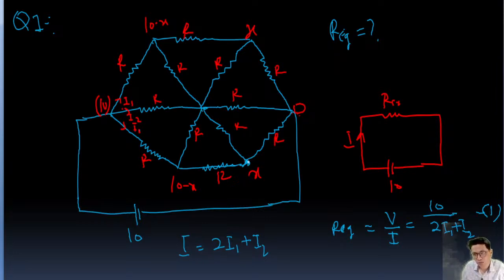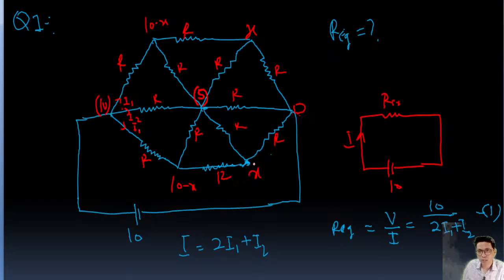This is very important, guys: the voltage at this point is going to be 5 volt by symmetry, and 0 at the other. This is by symmetry of the circuit.